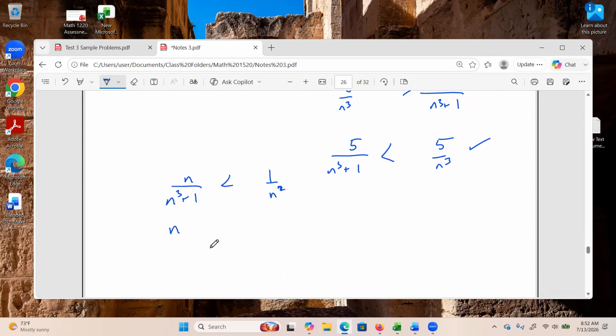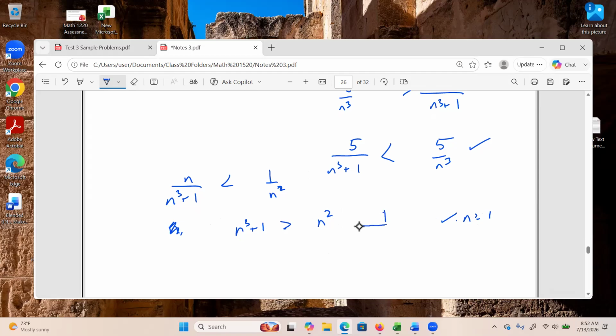We're going to go ahead and do the same thing. We can say that n cubed + 1 is greater than n squared. Again, you can pretty much say this without proof; for n greater than or equal to 1, it's true on its face. You don't have to actually prove that.